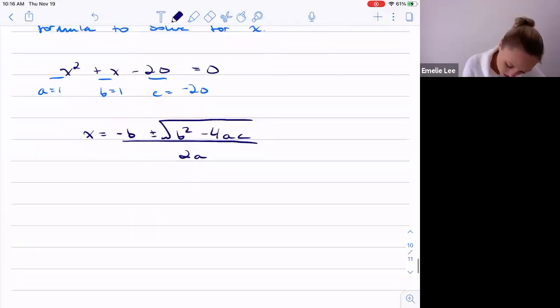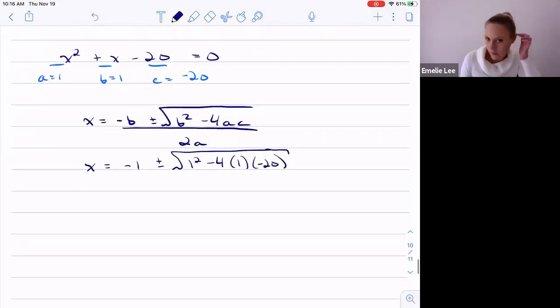Plugging in my values, it's just a plug and chug situation here. So negative 1 plus or minus the square root of 1 squared minus 4 times 1 times negative 20, divided by 2 times 1.